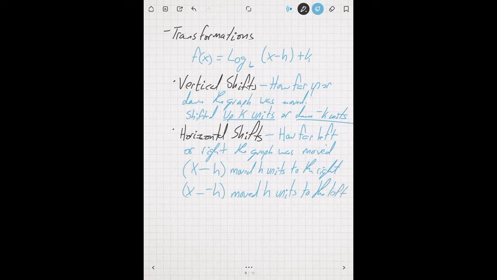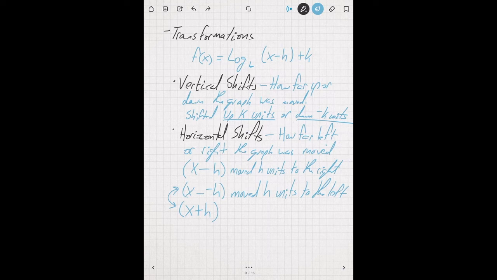It's important to note that when I have the double negatives, you would see this represented as x plus h. So if I had x plus a number, I have to move the graph to the left. If I have x minus a number, I have to move it to the right. Hopefully you're seeing how the positive h or the negative h impacts where it's placed.